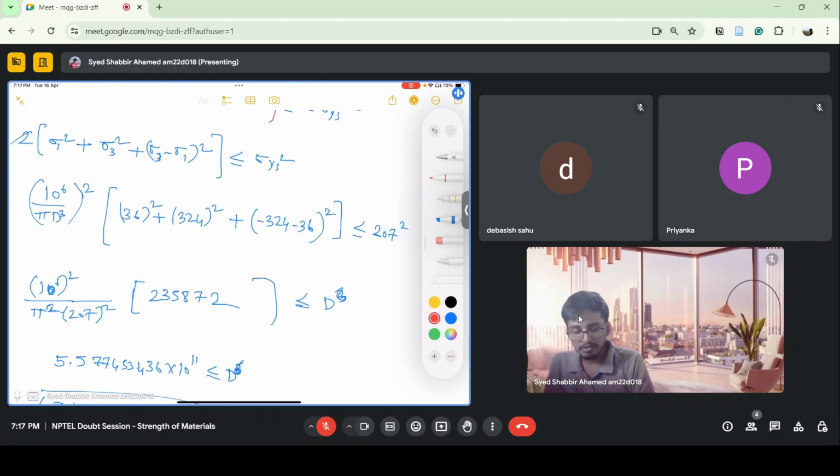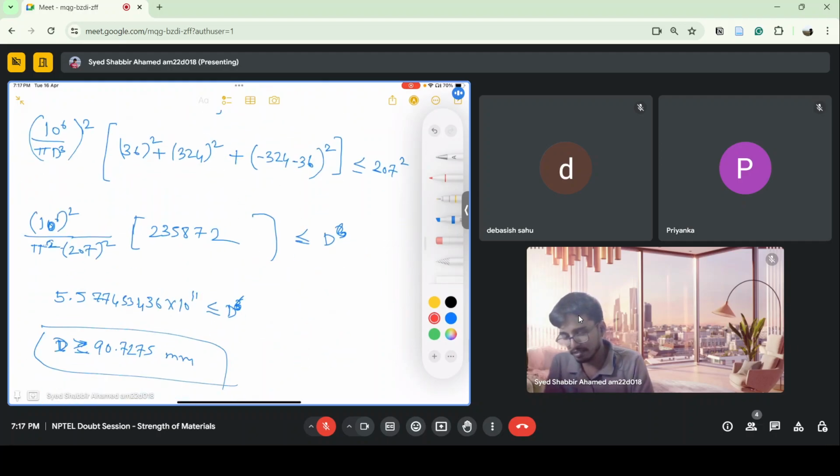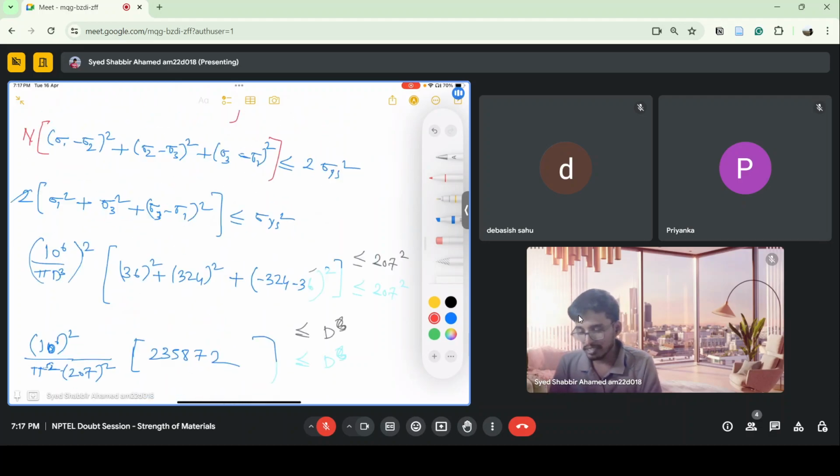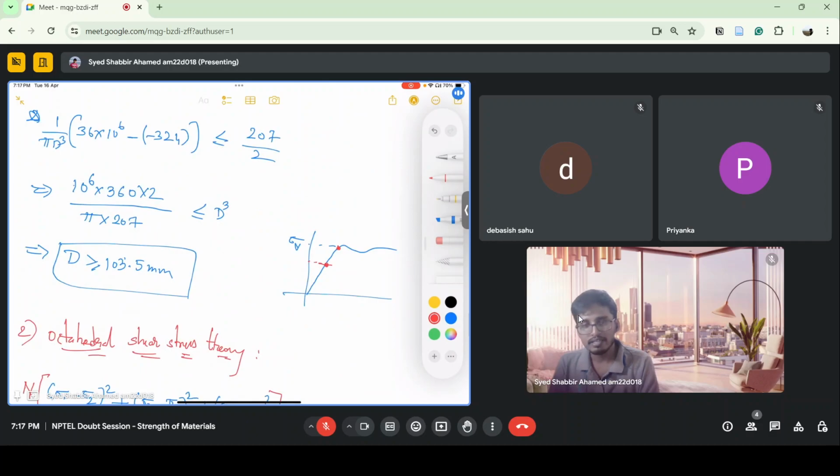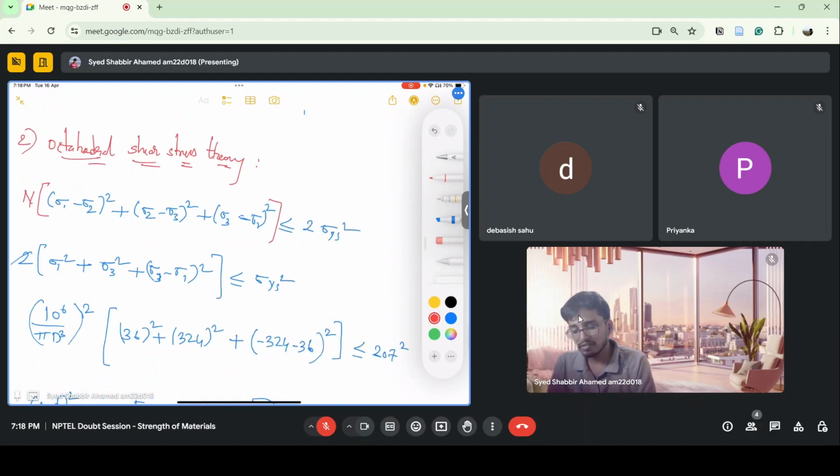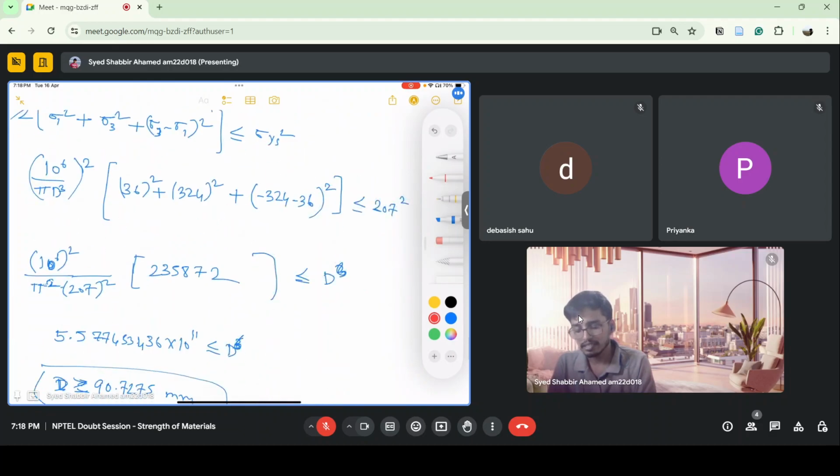So we substitute everything again, and we get the diameter greater than or equal to 90.725 mm. As you can see, in the maximum shear stress theory the diameter is higher than what we have got in the octahedral shear stress theory.